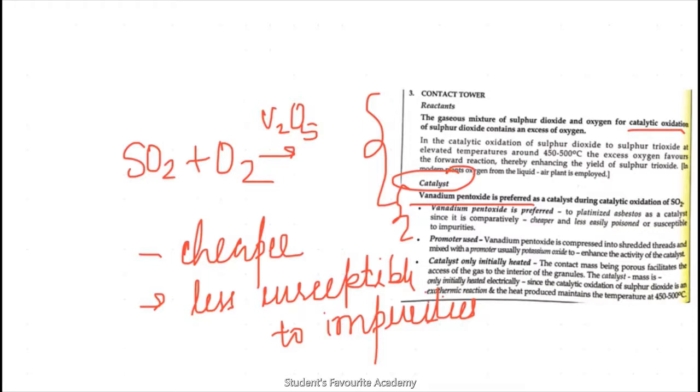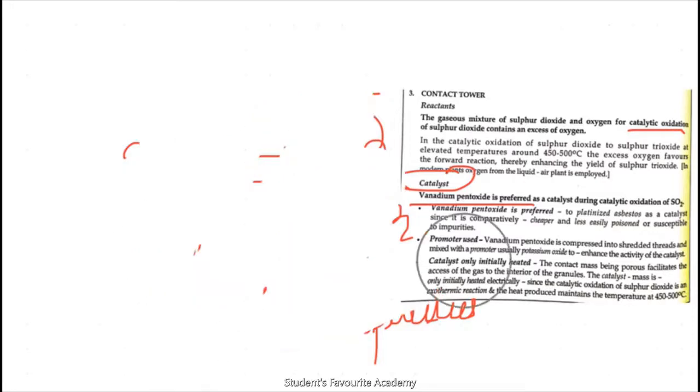Now the second thing is, what is the promoter which is being used? The promoter used here is a powder of promoter, usually potassium oxide, to enhance the activity of the catalyst. Promoter means what, children? It is added to enhance the further efficiency of your vanadium pentoxide, the catalyst. So here it is potassium oxide.